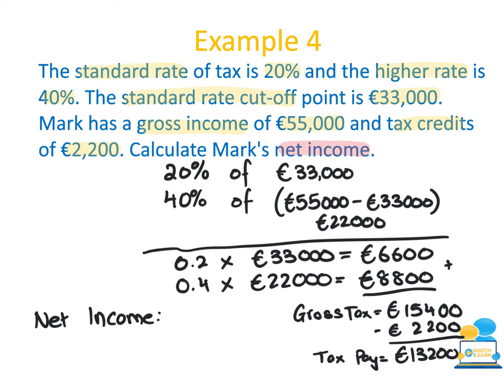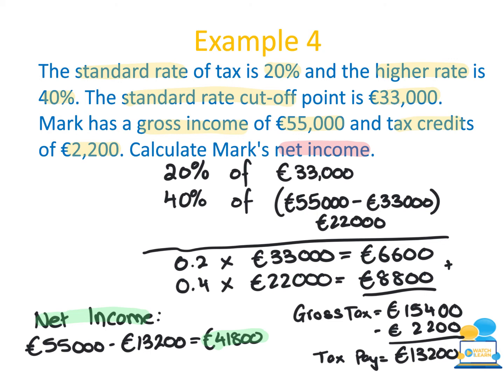So his gross income was 55,000 minus his tax payable, which was 13,200, which gives Mark a net income of 41,800. So that is his take-home pay. That is the final answer to this question, that Mark's net income is 41,800.